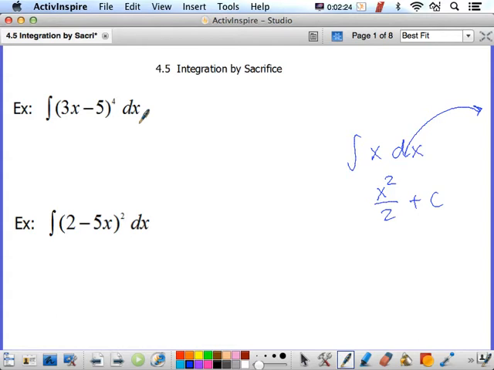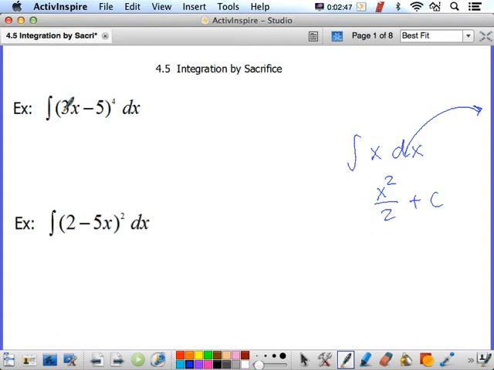The derivative of the inside of this parentheses is 3. I don't have a 3 to give away, but I need to give a 3 and a dx to the integral gods. If I do that, they will allow me to add 1 to the power of the entire parentheses and divide by the new power.